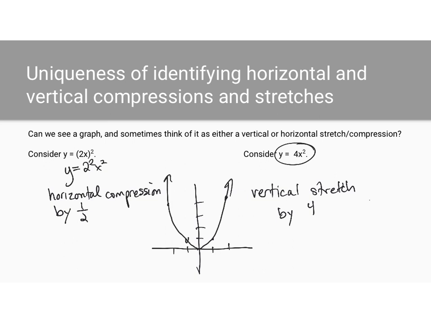And then when we graph this one, we end up with, I should have probably gone a little higher, but it spikes up more. So it still is at 0, 0, but if I plug in like 1, I'm going to get all the way up to 4 right away. And so you can picture this both as a vertical stretch or as a horizontal compression. So there's not, in this particular function, a unique way to describe it, but there are functions where there is only one correct way to describe it.